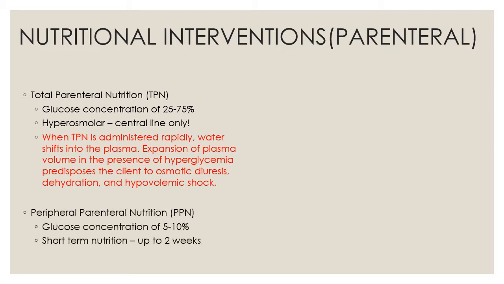Peripheral parenteral nutrition, also known as PPN, has a glucose concentration of 5 to 10%, and it's a short-term nutrition. It's only done usually up to 2 weeks. Parenteral nutrition can be provided through central vein or peripheral vein.